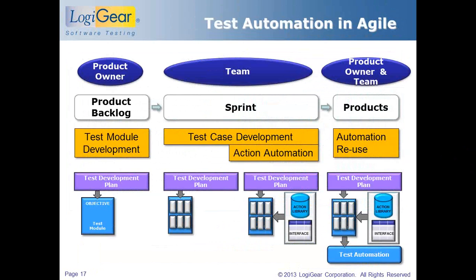So as the sprints go on and the daily scrums go on, then action automation is already part of the test development, and so the test team is totally in step with the R&D team as the product goes through its sprints, and then at the end the automation and reuse gets employed to be able to test the application in a continuous integration kind of environment.